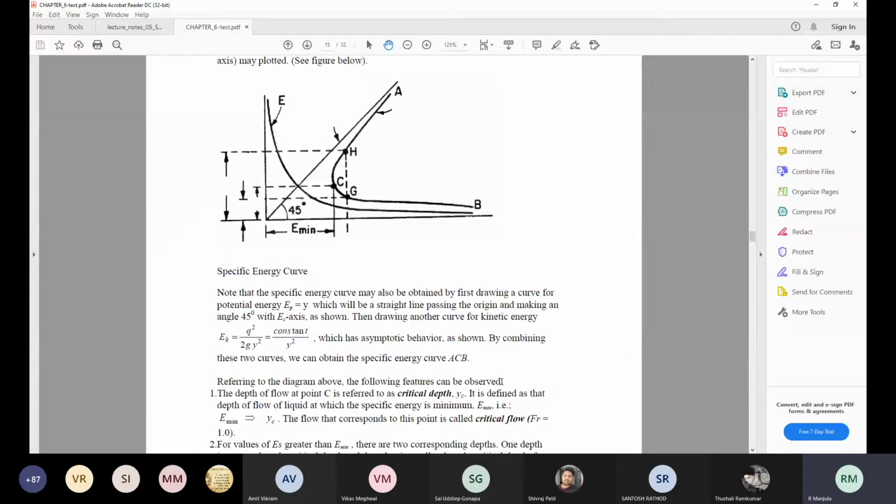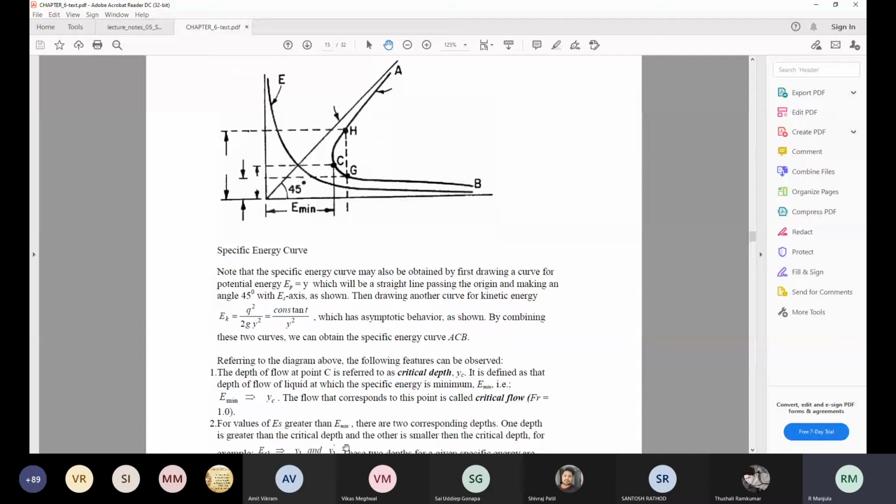So it is the depth of the flow of the liquid at which your specific energy is minimum. So E minimum corresponds to YC, the critical depth. Now the flow corresponding to this depth of flow is called critical flow. And what do you mean by that?